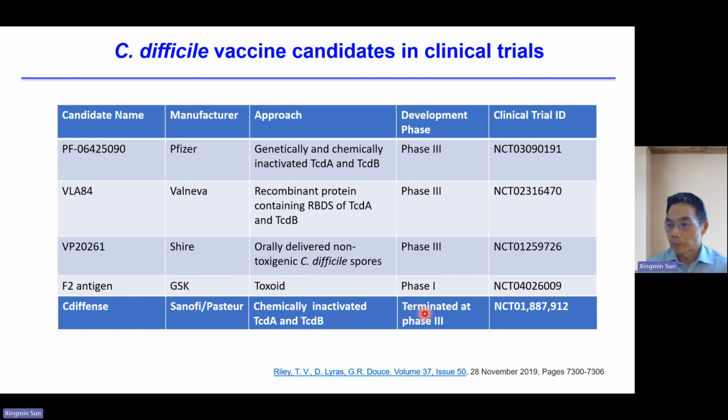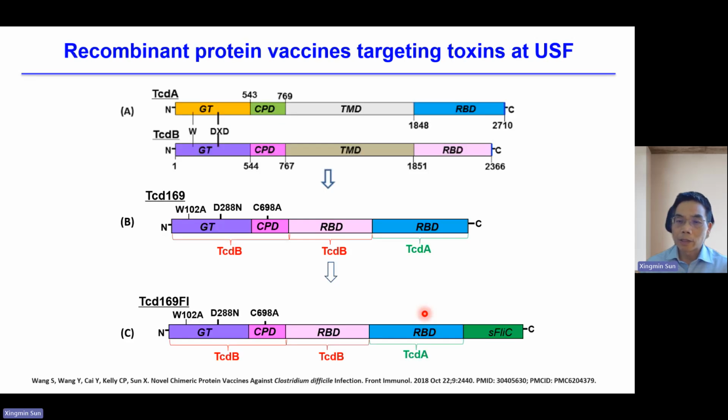Over the years, my lab has also developed a recombinant protein-based vaccine targeting both toxin A and toxin B. Here is an illustration showing the domain structures of both toxins.